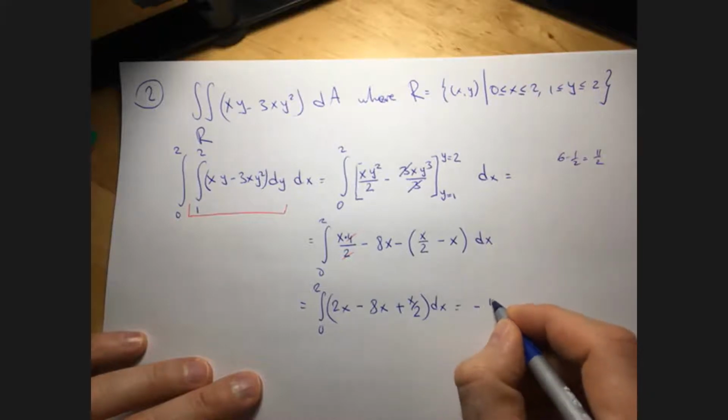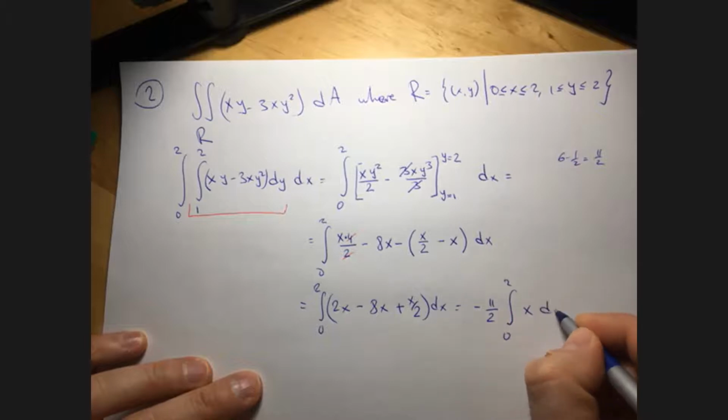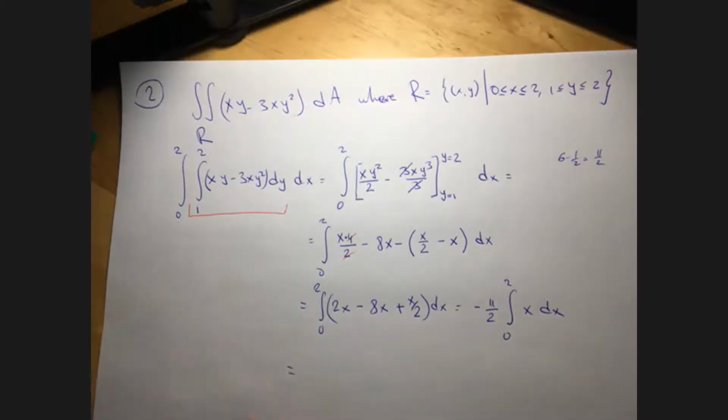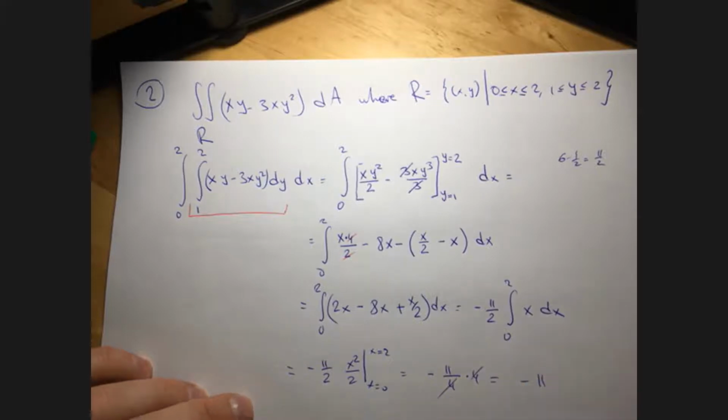So negative 11 over 2 times the integral of x from 0 to 2 dx is equal to negative 11 over 2 times x squared over 2 evaluated when x goes from 0 to 2. And that's negative 11 over 4 times 4, which is negative 11. Okay? Any questions?